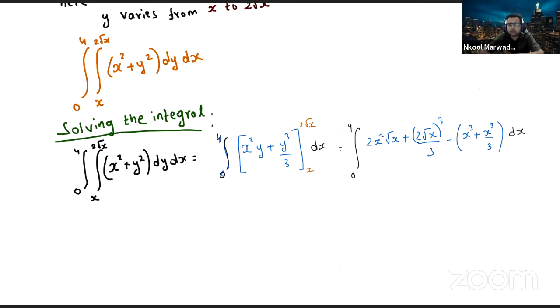Now no need to simplify further, directly we can integrate. Some simplification we can do. Let us try. So it will be something like this.